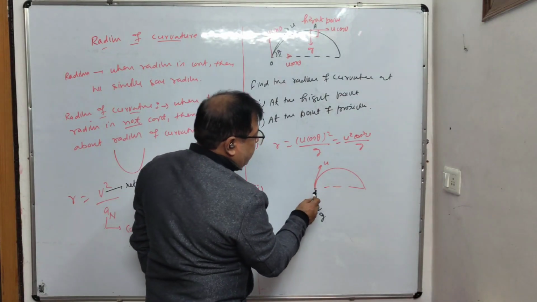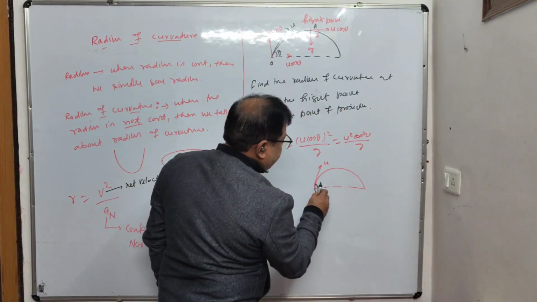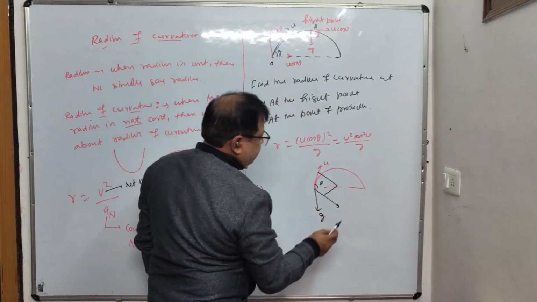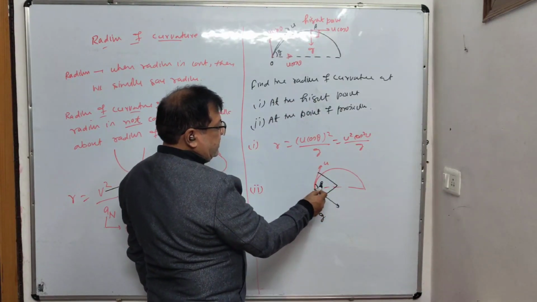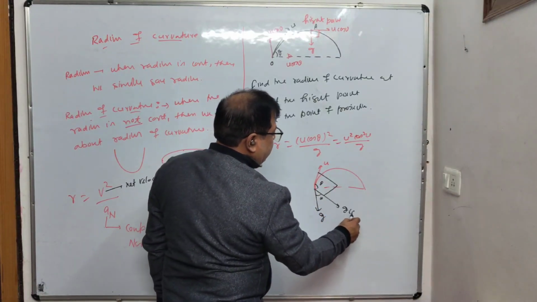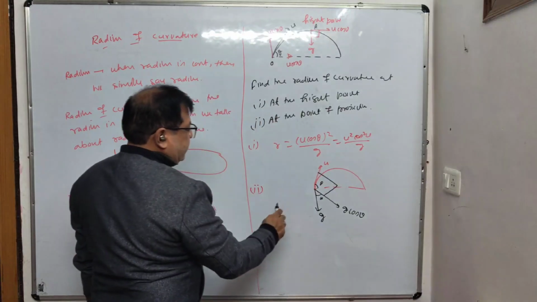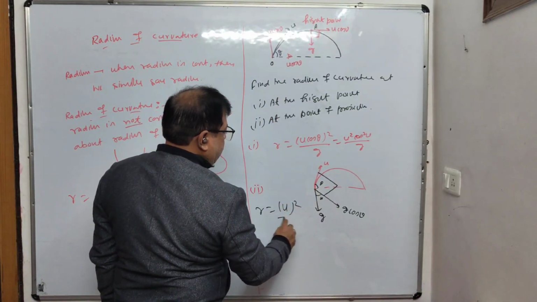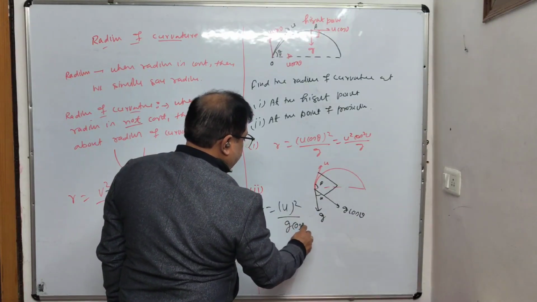So let us take the component of acceleration. This angle is theta, so from geometry, this is theta, and it is 90 minus theta, so it is also theta. So it is g cos theta. So in this case, R is u squared upon g cos theta.